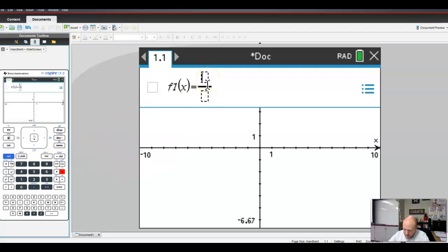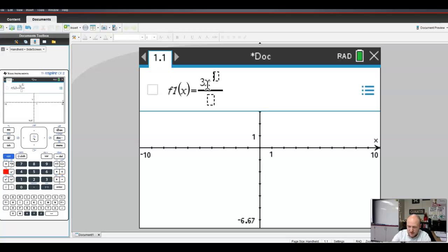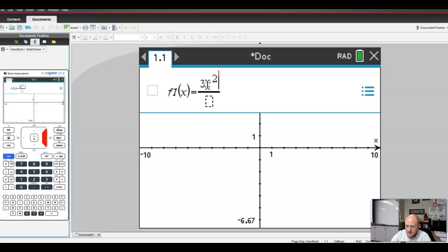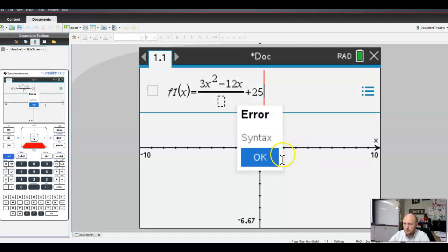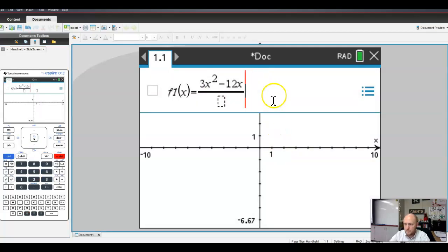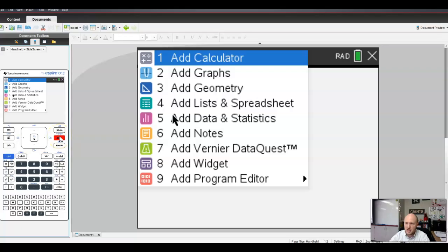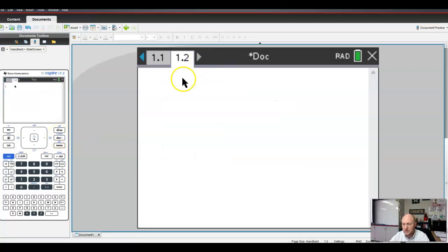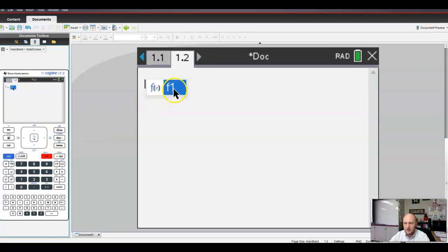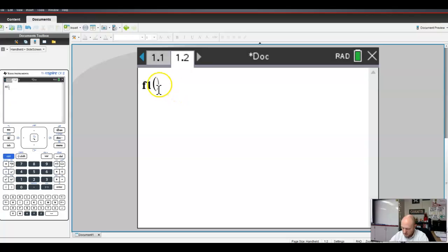So I'm going to enter this function, 3x squared minus 12x plus 25 in the numerator divided by x plus 4. So I'll hit enter. It will graph it, and then I can hit Control Doc to add a calculator page, and then I can ask my calculator, hey, what is f1 of, and I want this value evaluated at -8.